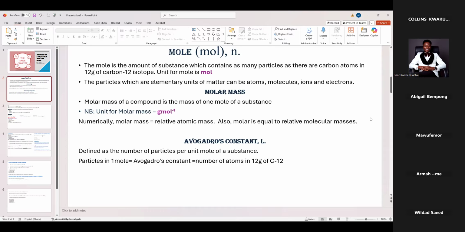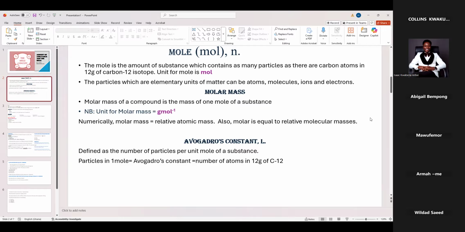The first I would want to mention is relative molecular mass or relative atomic mass. These are masses that come along with the elements we have on the periodic table.